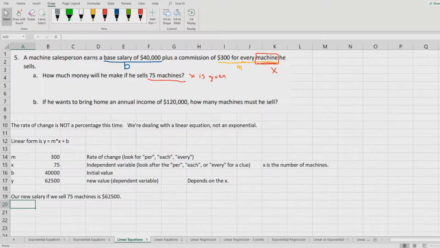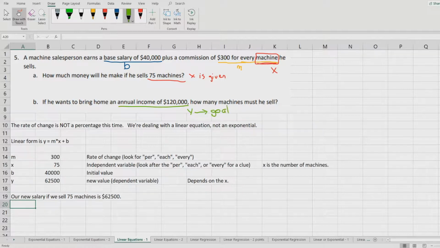Now for part B. If he wants to bring home an annual income of $120,000, how many machines must he sell? So if we have a look here, if they're telling us an amount of money, we are given a y. But anytime you're given a y, we have to use goal seek to find the answer.